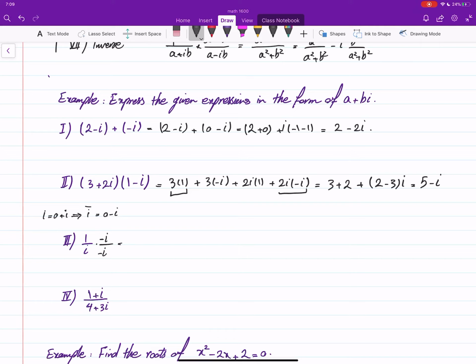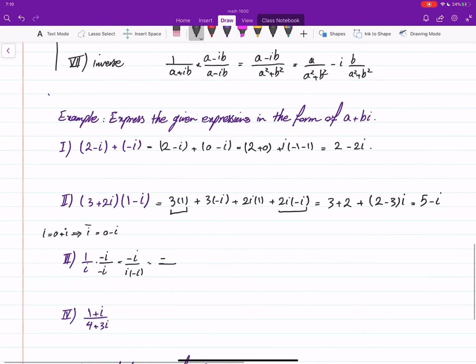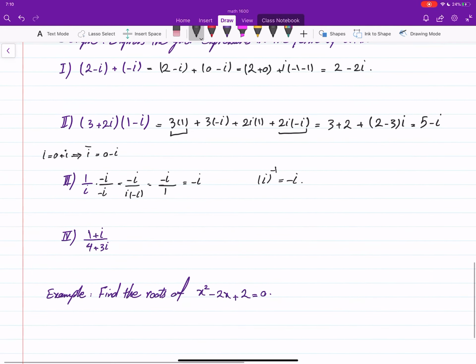You get minus i over i times negative i, which is i squared times negative 1. It is 1. It is interesting that the inverse of i is negative i, and that's only for i. For other things like the example you see here, we need to do the trick that I just mentioned.